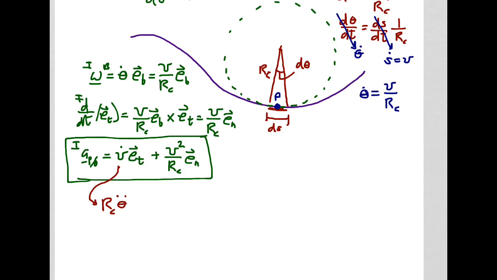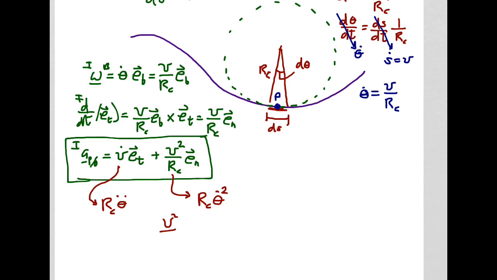So you should recognize that from the acceleration equation solved in the polar frame, in which this is in the e sub r direction. In addition, if we put this in terms of polar frame, this is equivalent to a radius of curvature multiplied times theta dot squared.